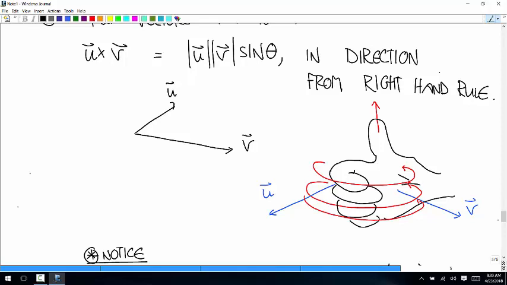Okay, so to rotate U to make it line up with V, you rotate it in a horizontal plane in this picture, right? And your thumb is perpendicular to that horizontal plane. It's up if you're going from U to V, it's down if you're going from V to U. But if one of these vectors was up like this, then it would be a different plane that you rotate.